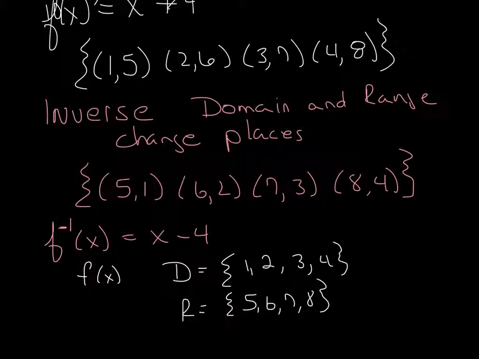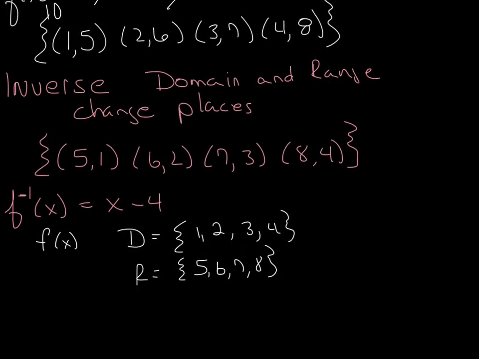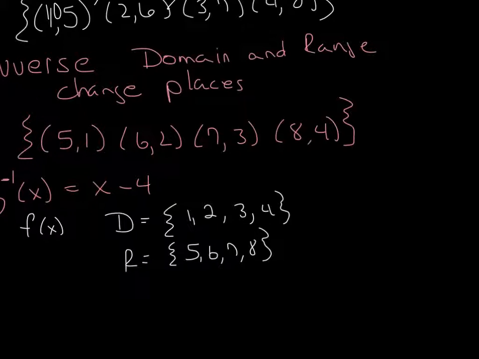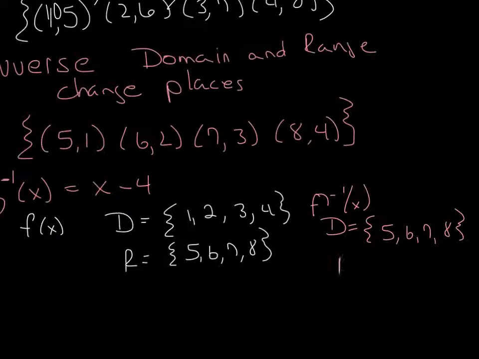So let's think about the inverse function. What's the domain of the inverse function? 5, 6, 7, 8. And the range of the inverse function? 1, 2, 3, 4. So they just switched places.